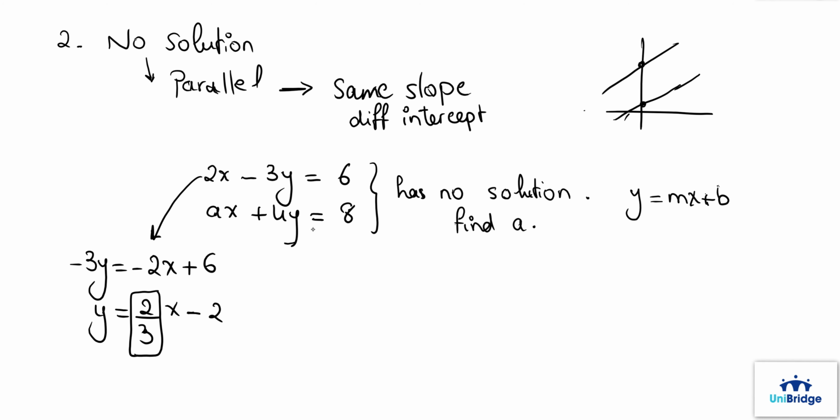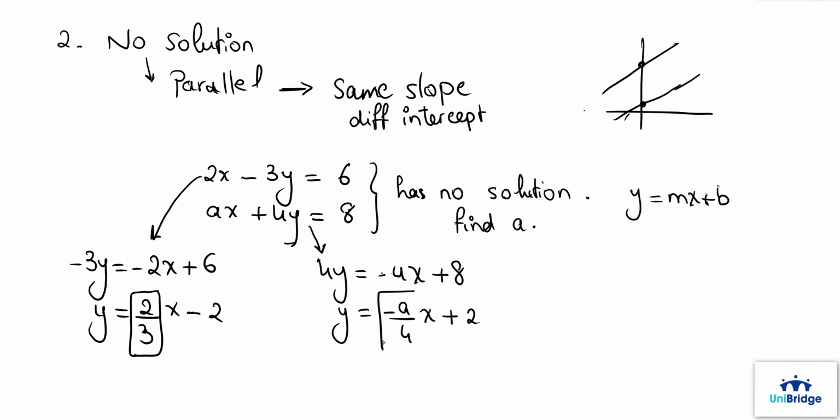You rearrange the second equation in the same way. You're going to say that 4y is negative ax plus 8. You divide the whole equation by 4, so negative a over 4 x plus 2. So the slope here is negative a over 4.